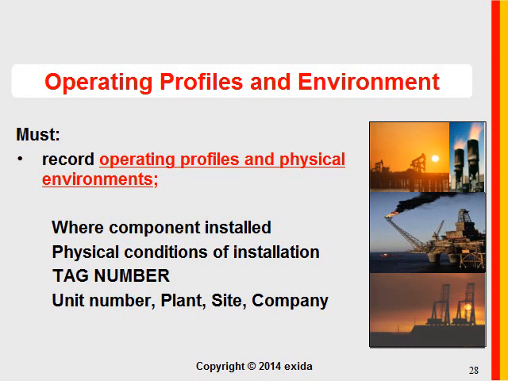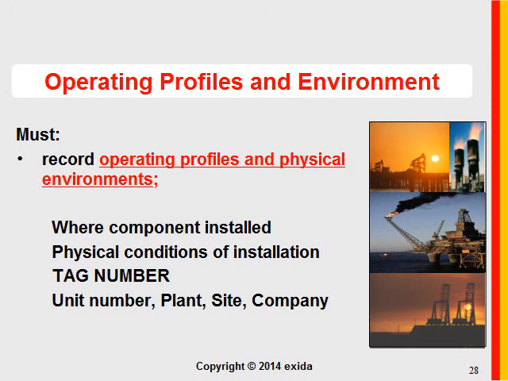I want to record operating profiles and physical environments. Where's the component installed? Where's the actual physical location in my site? That goes all the way down to the tag number. So I need to have an overview of plant addresses, plant tags, and devices, and I need to know which device is linked to what particular address.